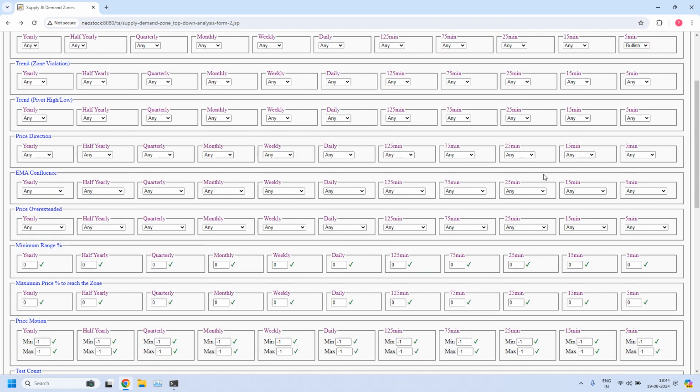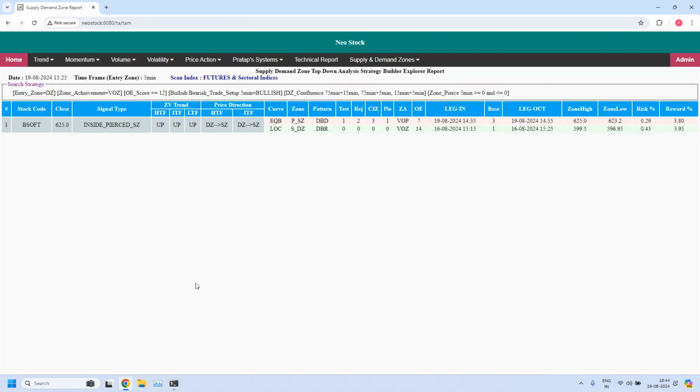All the 3 filters are enabled. Now let's verify. Only one stock is currently supporting 5 minutes, 15 minutes and 75 minutes zone confluence. And the 5 minutes demand zone is a high liquidity demand zone.